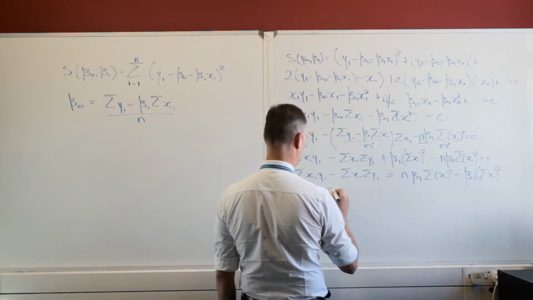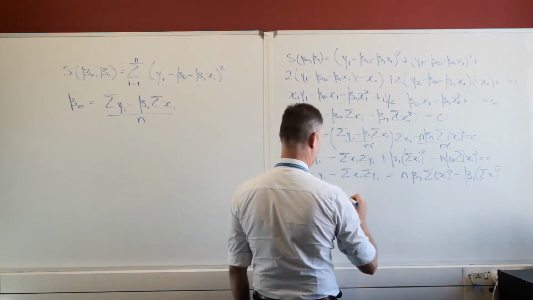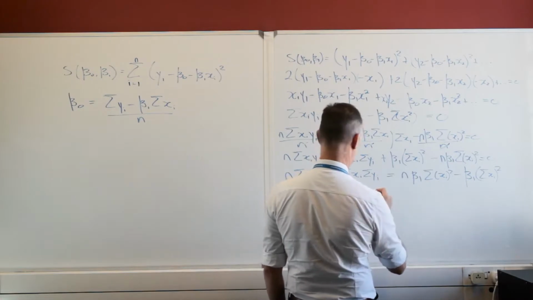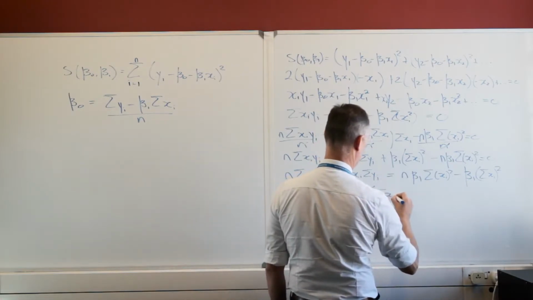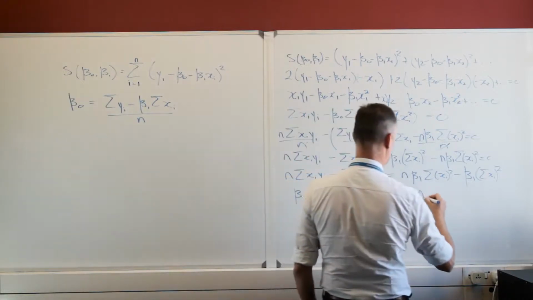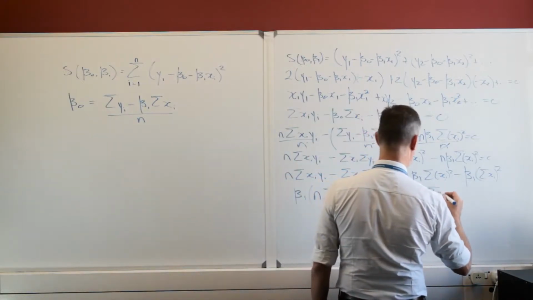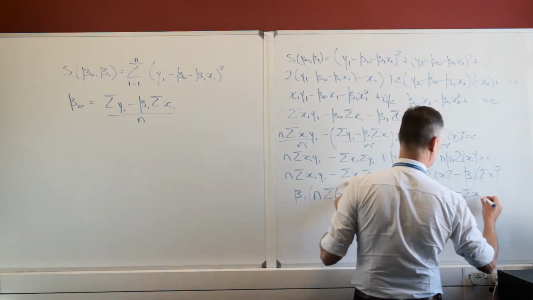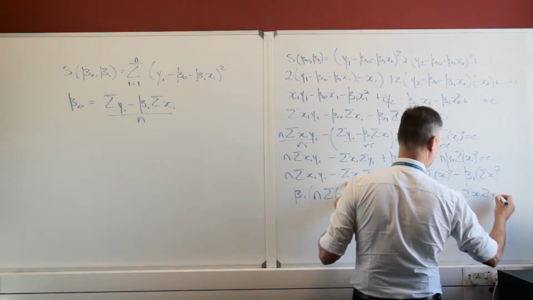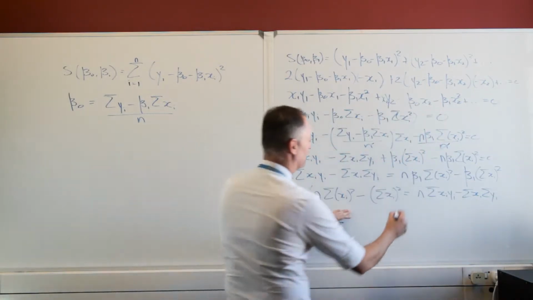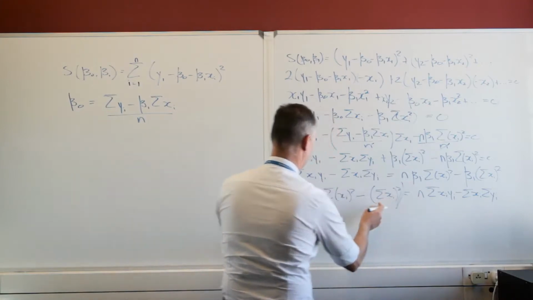I have n times the sum of x sub i squared minus this summation of x sub i, squared, and that equals this left-hand side, which is n times the sum of x sub i, y sub i, minus the sum of x sub i, sum of y sub i. And all I need to do is divide both sides by this value here.